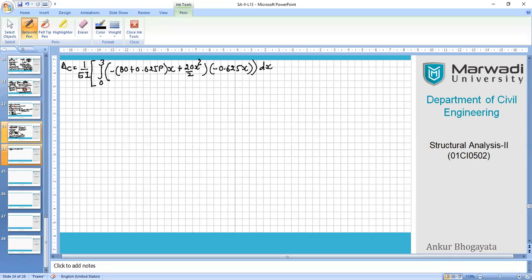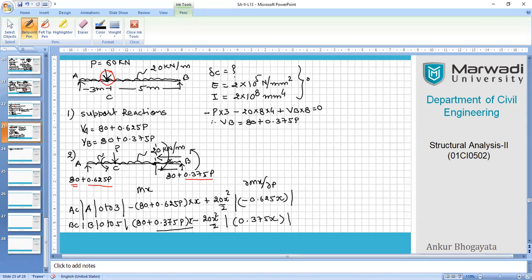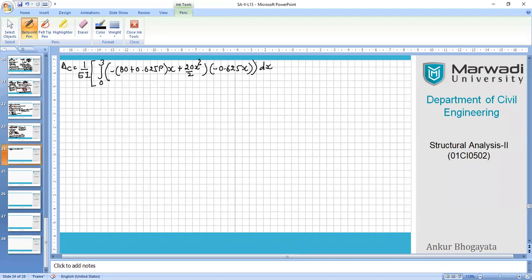Let me once confirm this equation. 80 plus 0.625 P times x and 20 x square plus negative, negative, negative. Okay, done. So it is always good to cross check what you are calculating and carry on with the calculation. Plus again 1 upon EI, even if you don't write this, that's fine, because already we have taken it out as a common. So plus here now we can write 0 to, let's say, 5.